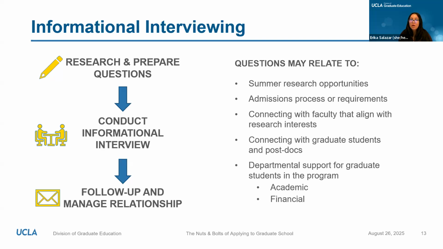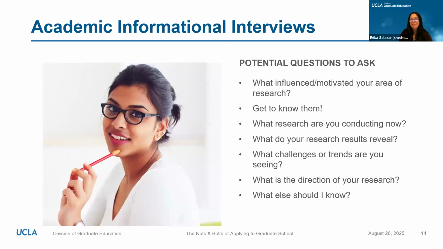So this is one form of informational interviewing. We do also have another specific type of informational interviewing, and that is academic informational interviews. Let's say, again going back to that psychology example, you meet with that student affairs officer and they connect you with a psychology faculty member. Now is the time that you want to ask them more research and academic based questions.